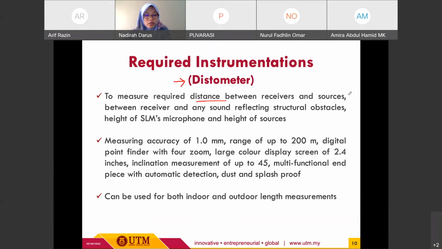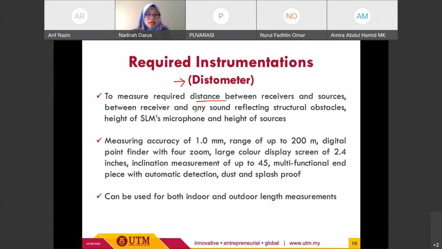So sebab kalau kita guna measuring tape yang biasa tu, it's quite difficult for us sebab selalunya kita punya distance from both side to the nearby resident susah lah kita measure. So that's why we need to use distometer or laser distometer. So we just tembak the laser punya ni, jadi kita tahulah dia punya distance between receivers and sources.